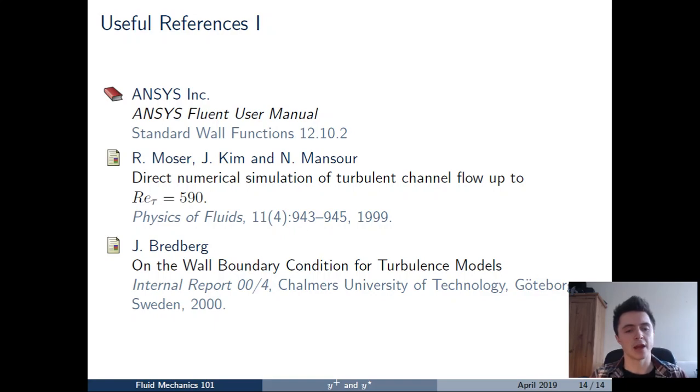And then the final reference which I've got there is from Chalmers University of Technology, and this paper does an excellent job of explaining a lot of these near wall treatments, and hopefully with the information I've given you in these slides today, that should make a lot more sense when you go through those slides.